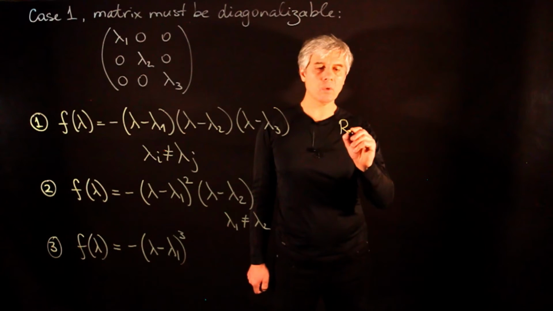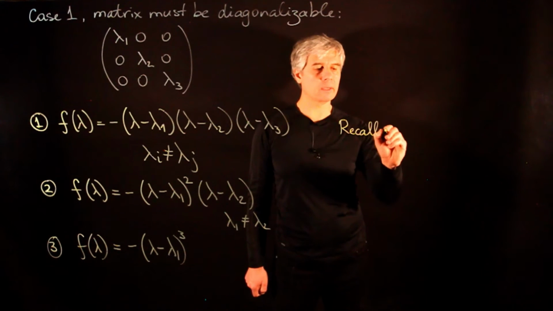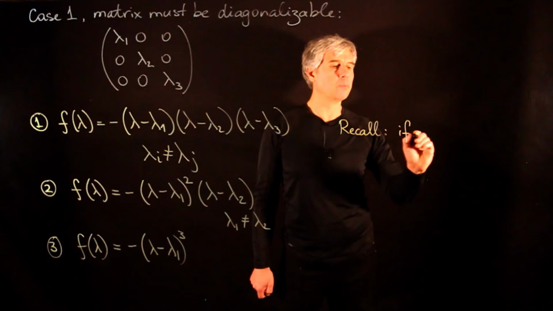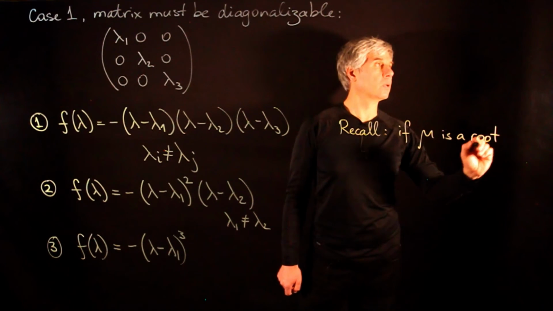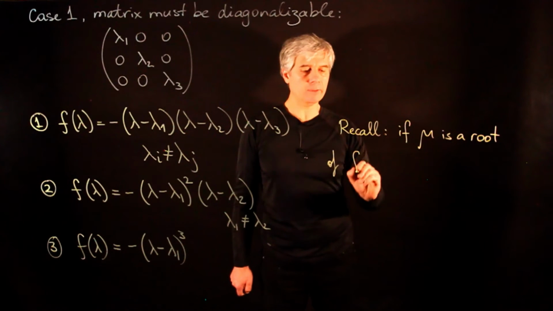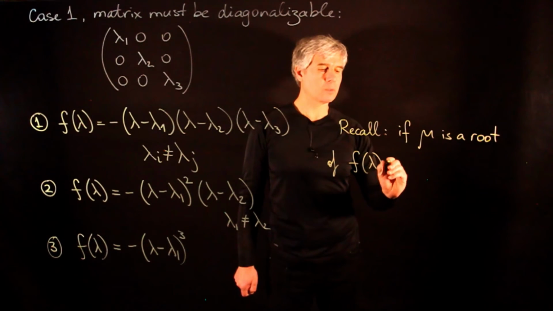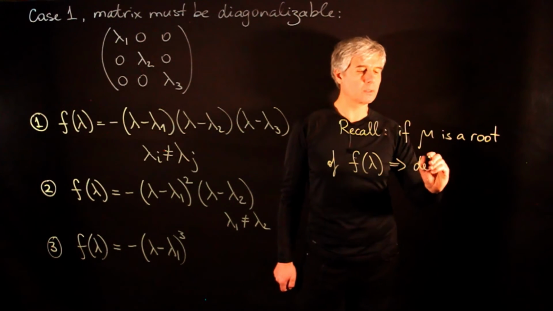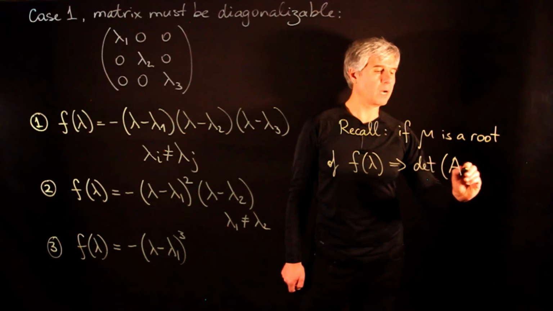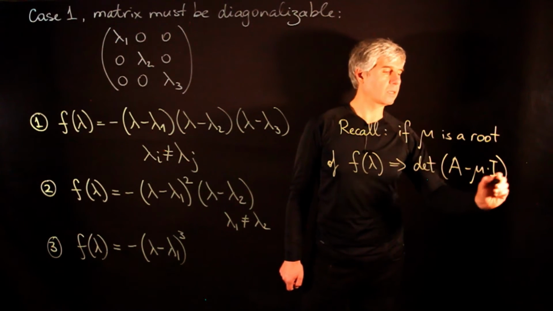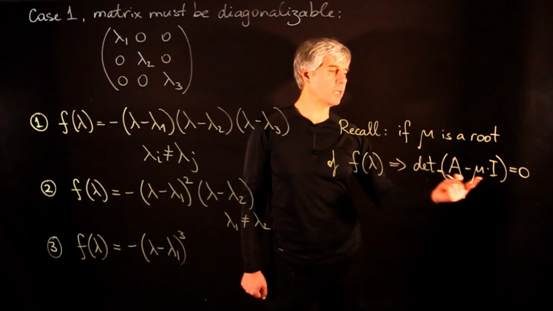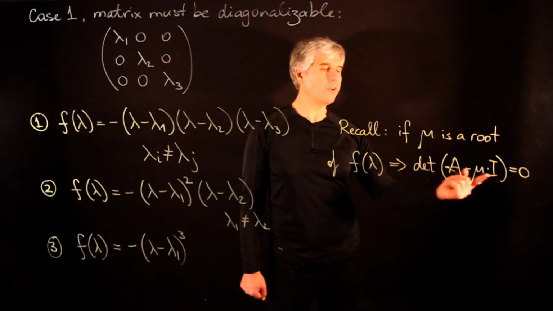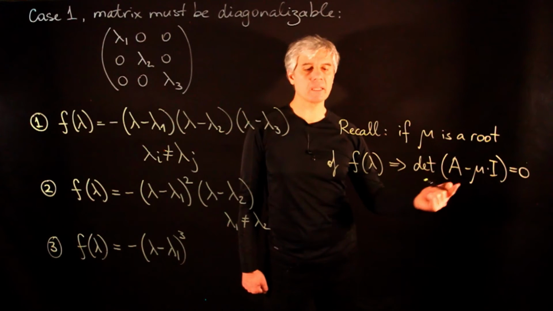So here we recall that if mu is a root of f of lambda, this means that the determinant of A minus mu times I is equal to 0. So this matrix has a non-trivial null space, and each vector in this null space will be an eigenvector.